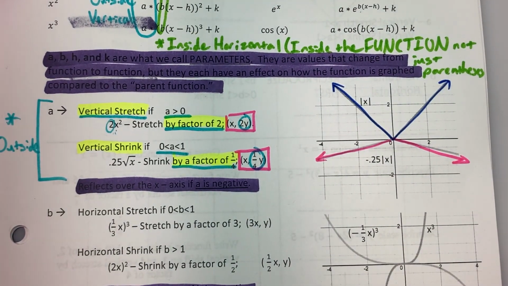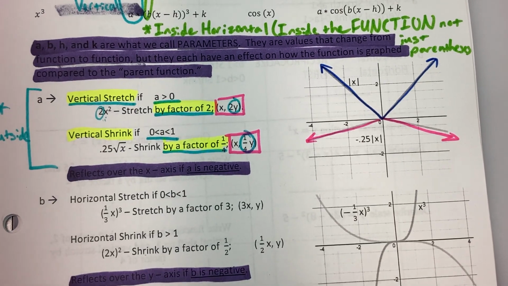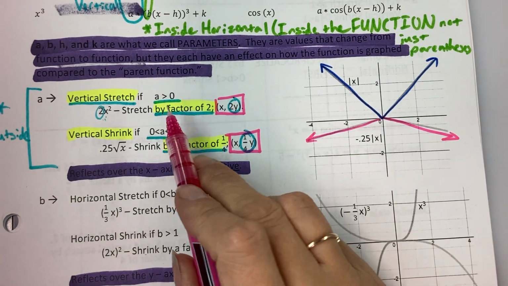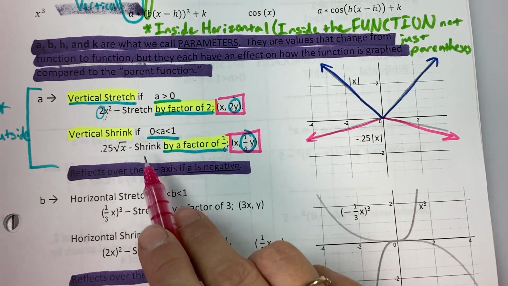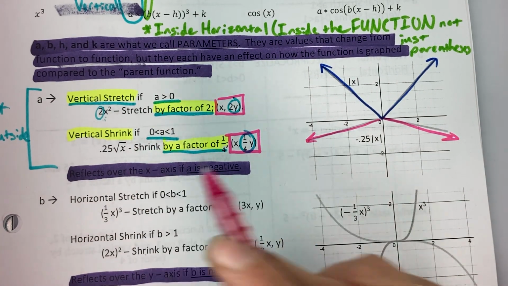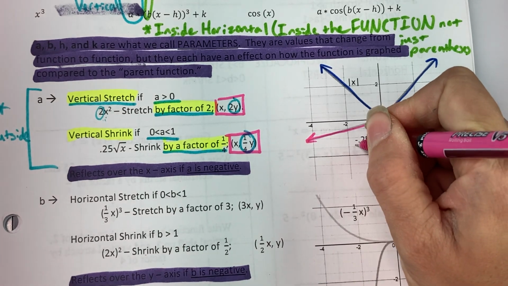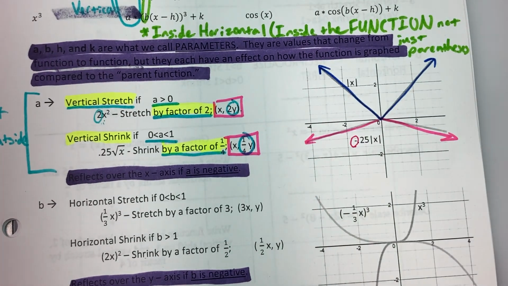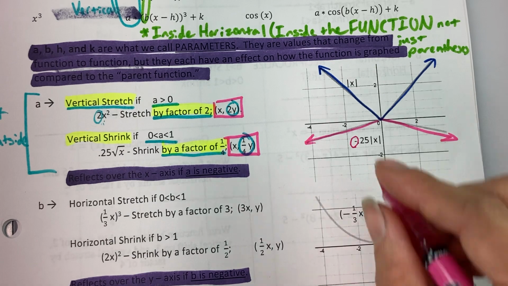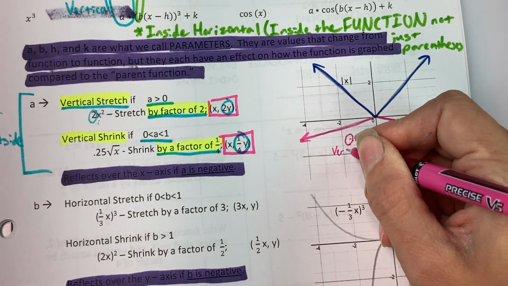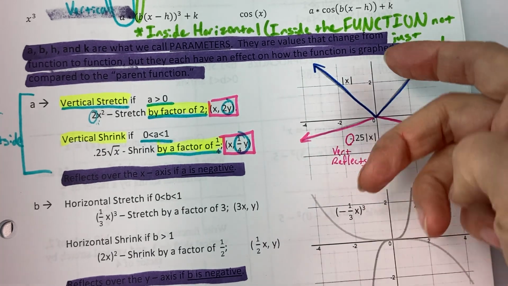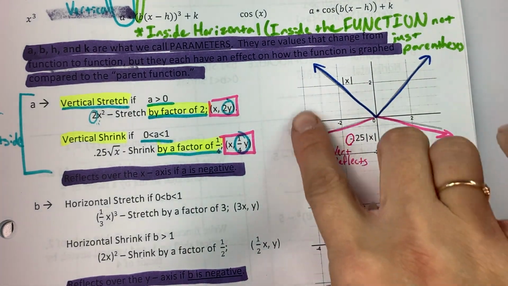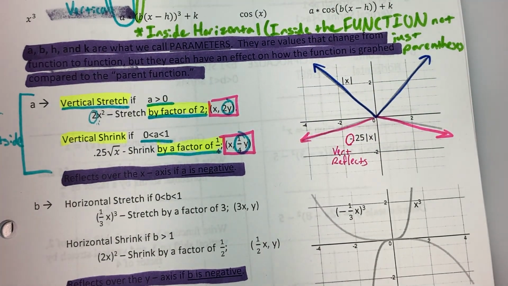That negative and the 0.25 count as 2 separate transformations. Notice that for my a values, it never says anything about if a is less than 0. The negative aspect of this transformation goes back to what we did on the previous page. The negative vertically reflects our graph, so top over bottom, it reflects over the x-axis.